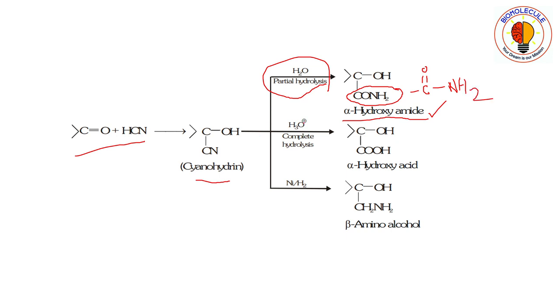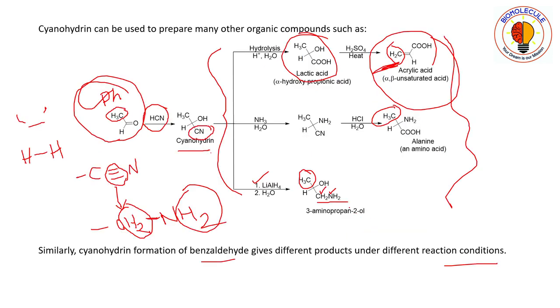Okay, if we completely hydrolyze the cyanohydrin, then we will get this acid, that is alpha hydroxy acid. Okay, and if we reduce this one with nickel and hydrogen or lithium aluminum hydride, we will be getting an amino alcohol. As you can see here, this 3-amino propanenitrile amino alcohol we are getting, we are reducing this one, and here we are completely hydrolyzing, so we are ending up with the acid.